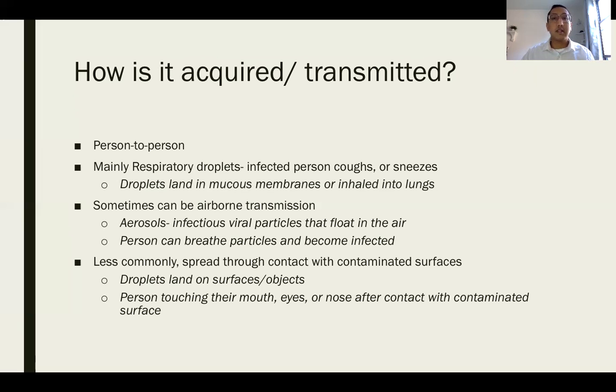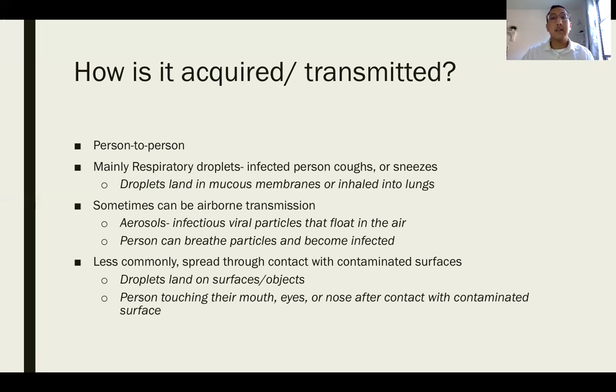Sometimes we see that there can be airborne transmission. What this means is that you have aerosols, which are infectious viral particles that float in the air, and these aerosols can be breathed in by a person into the lungs to be infected.